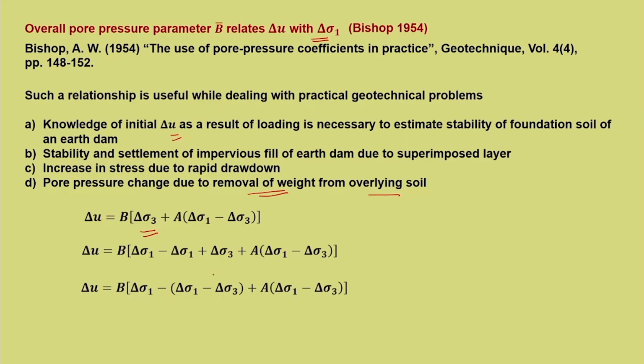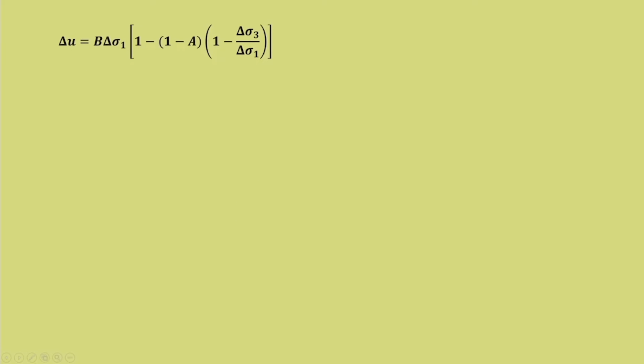This can be rewritten as delta sigma 1 minus (delta sigma 1 minus delta sigma 3), you are just taking the minus outside. So, you can write delta u is equal to B into delta sigma 1. From here, when you take delta sigma 1 minus delta sigma 3 outside, that will give you minus (1 minus A)(delta sigma 1 minus delta sigma 3).